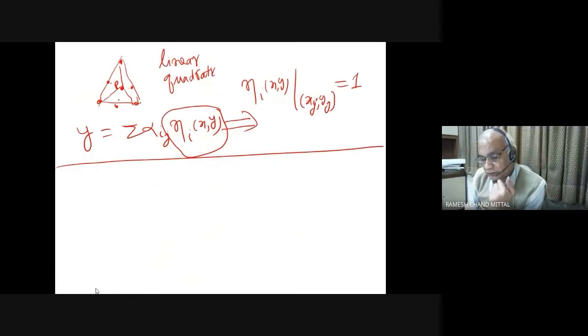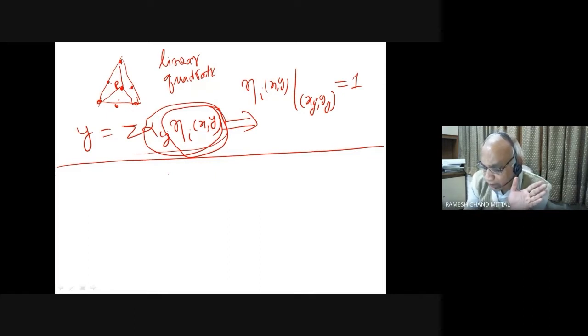So typically I write my solution in the form of the sum of alpha_ij times eta_ij(x,y), element-wise. One of the beauties of finite element is that you can find the solution with the help of only one element, because you don't have to consider the whole thing.